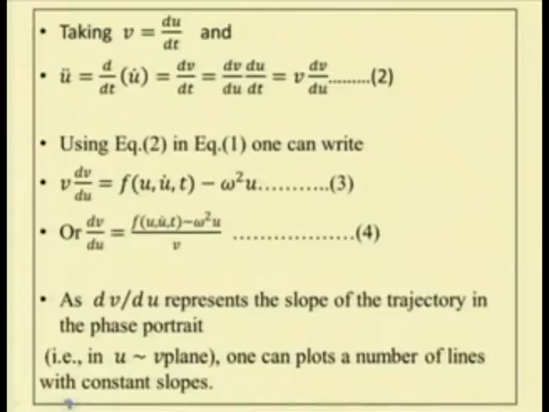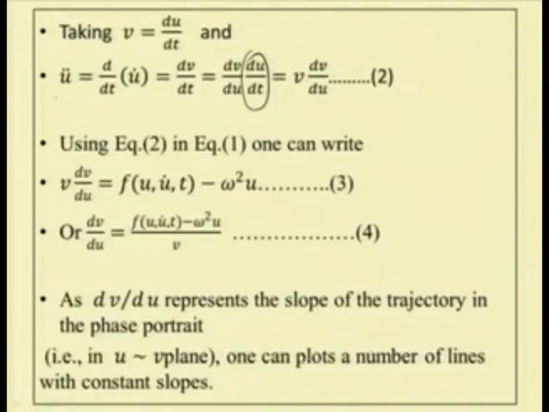In this case, by taking v equal to du by dt, one can write u double dot equal to d by dt of u dot, which is dv by dt, equal to dv by du into du by dt, and as we are taking du by dt equal to v, one can write u double dot equal to v into dv by du.